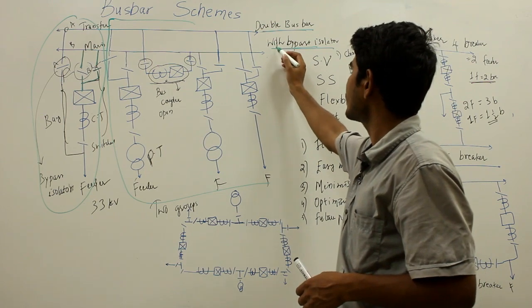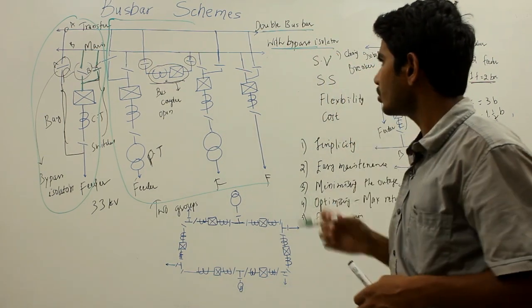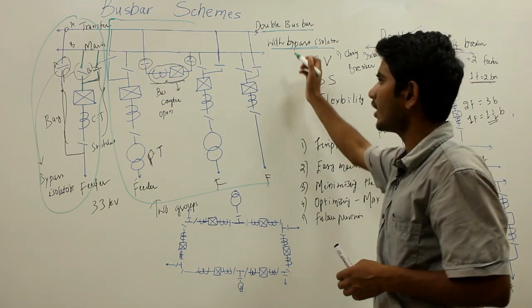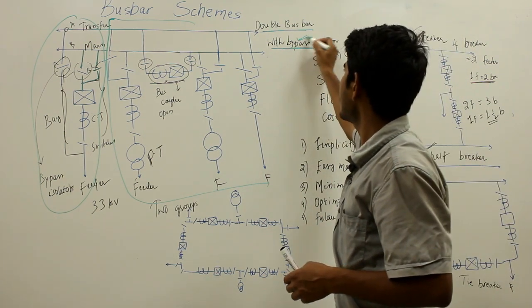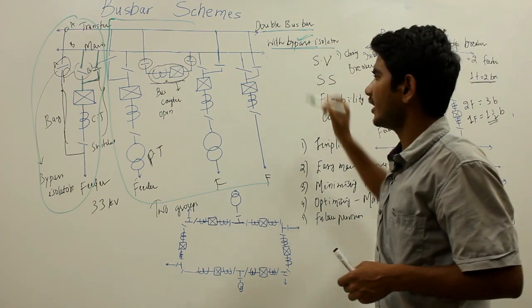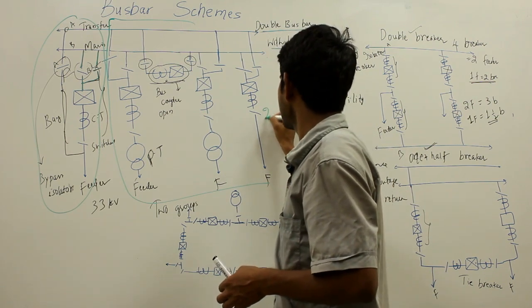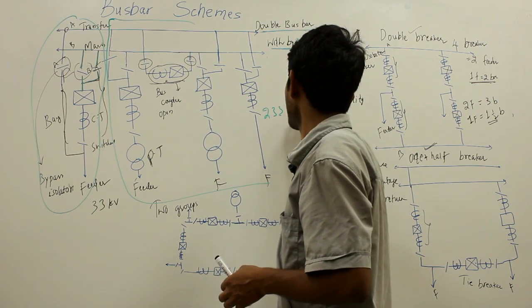That is the main advantage of using this double bus bar with bypass isolator. Though there is a slight complication in the layout by using this bypass isolator, it is economical to use for almost some 233 kV.